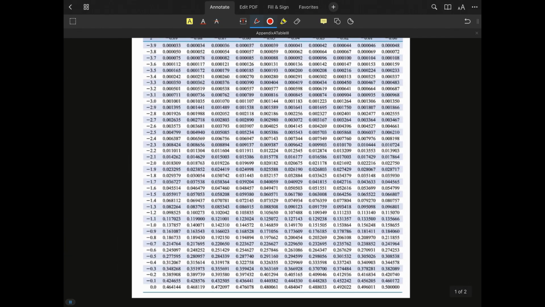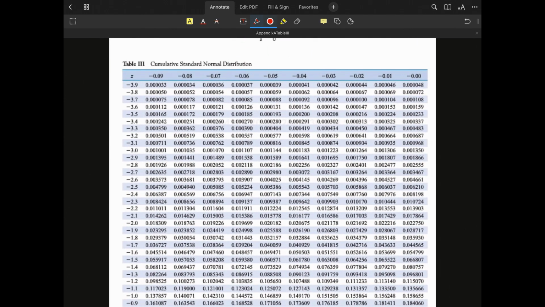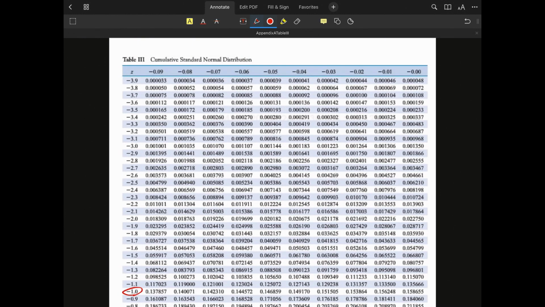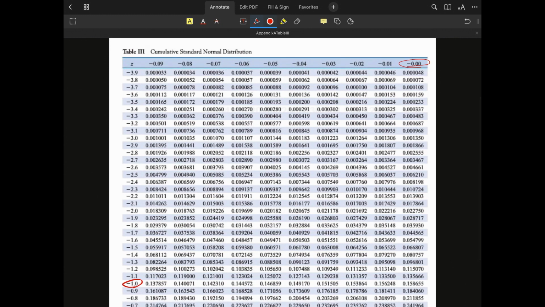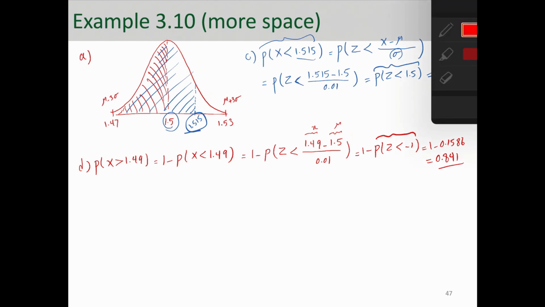To find -1, I have to go to the negative side of the table, and here we are, -1, and the second digit after the decimal is 0, so the probability that I'm looking for is right here, 0.1586. So that is equal to 1 minus 0.1586, which is 0.841.